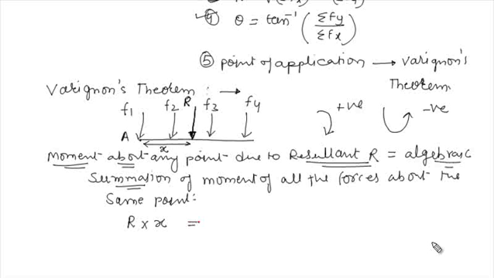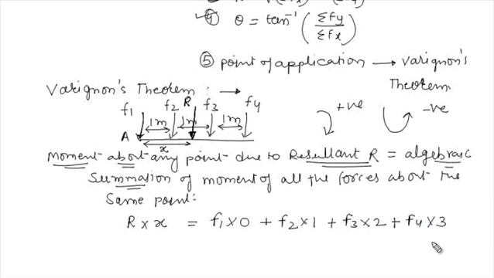So it should be equal to the algebraic summation of moments of all the forces about the same point. Suppose by F1 the moment here at A will be F1 into 0, because the perpendicular distance is 0, plus F2, suppose this distance is 1 meter, so it will be 1, plus due to F3 into 1 plus 1, it will be 2, plus suppose for F4 into 3.